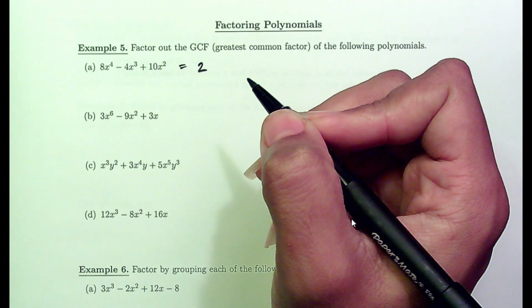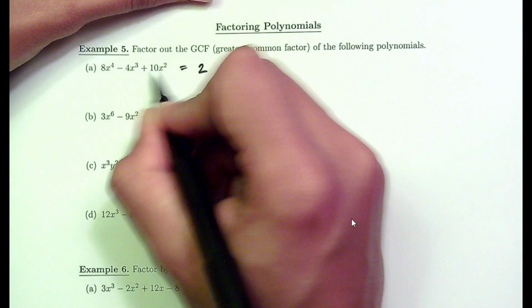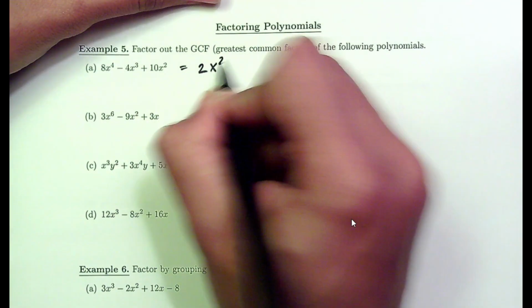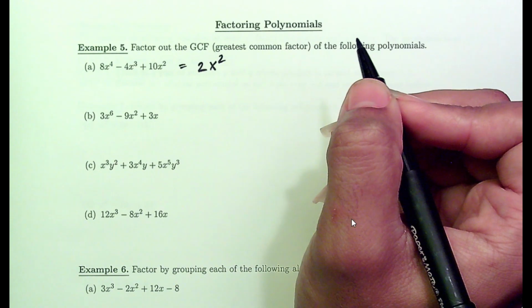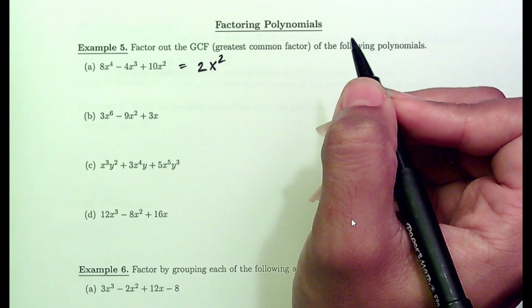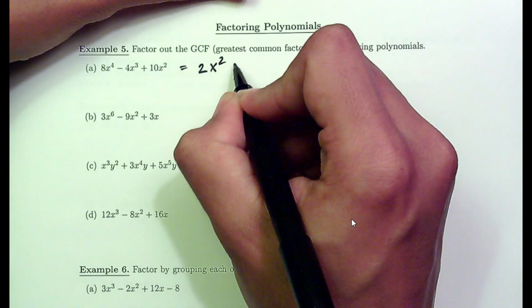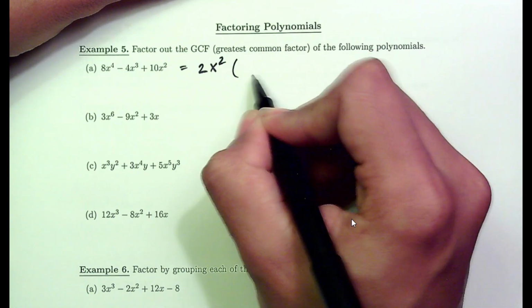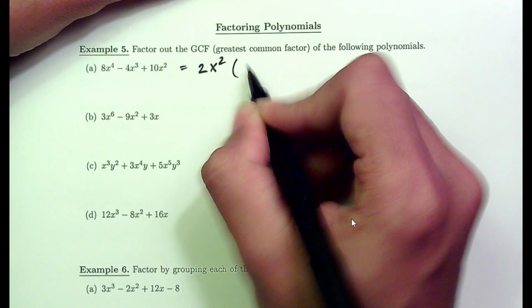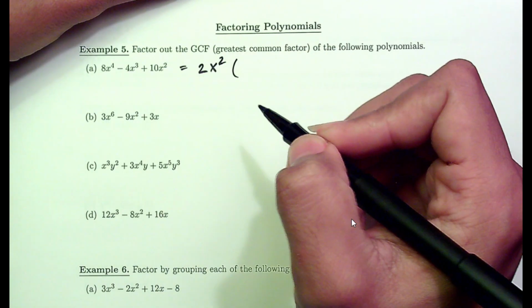Then, as we said, the largest power that you can pull out from all of them is just the x squared, because that's the smallest one, which is the largest that you can pull out from all of them at the same time. Okay, so then you write 2x squared on the outside, and then you have to think, what do I need to write so that if I were to distribute, I get back the original polynomial.